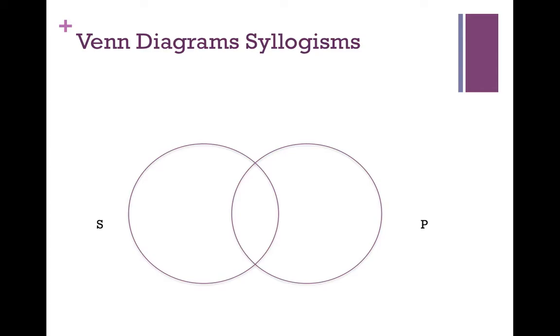Well, some of you might have guessed it from all my build-up, but what we have to do is introduce a third dimension. I'm just calling it that, but we have to introduce a third circle. And this represents the middle term, which is why I have the M here. Now, this is really jumbled and it looks kind of crazy what's going on, but keep in mind that the M is just representing the region of overlap between the S term and the P term, between the minor term and the major term.